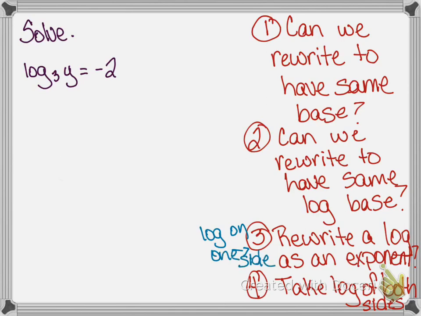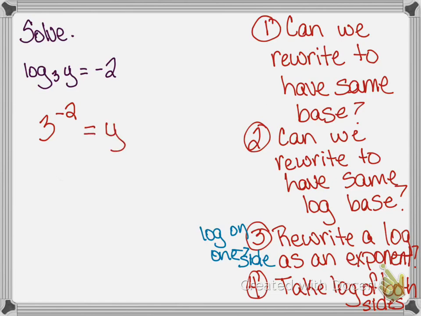That's what we look for, a log on one side. So I'm going to rewrite this as an exponent. What is my base? 3. And this is the definition of a log. What am I raising 3 to? -2. Okay, that's the definition of a log. I said definition of an exponent, but it's the definition of a log. Okay, and what is it equal to?